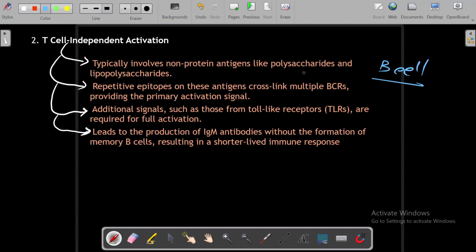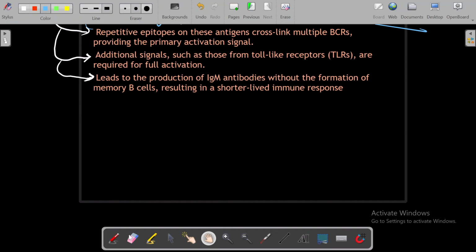And here mainly polysaccharides and lipopolysaccharides are involved in the T cell independent activation. And these polysaccharides and lipopolysaccharides obviously come from the pathogen. And in the T cell independent activation, what mainly happens is, suppose this is a B cell, and we know that a B cell is also an antigen presenting cell.